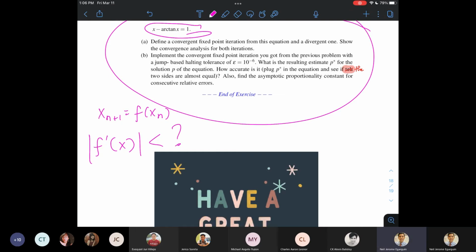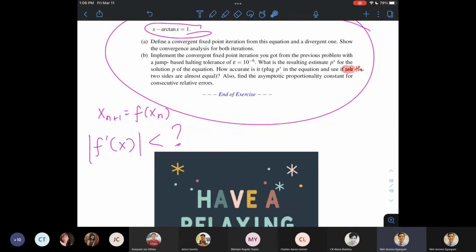Okay? And I guess at least for the two functions that I used in the answer key, madaling i-analyze yung f prime. Napakita ko na yung f prime ay laging less than 1 at saka yung f prime ay laging greater than 1. So you can analyze what will happen to f prime for all x's.